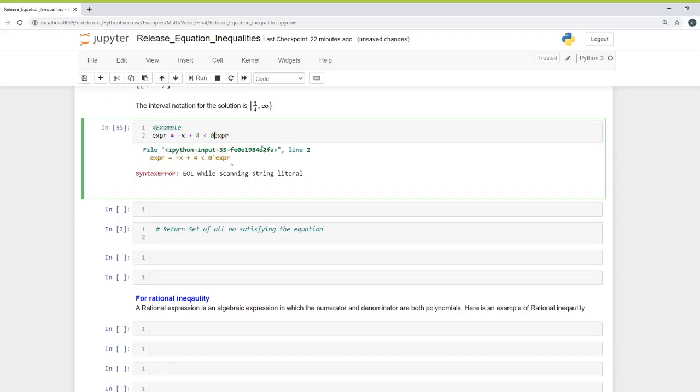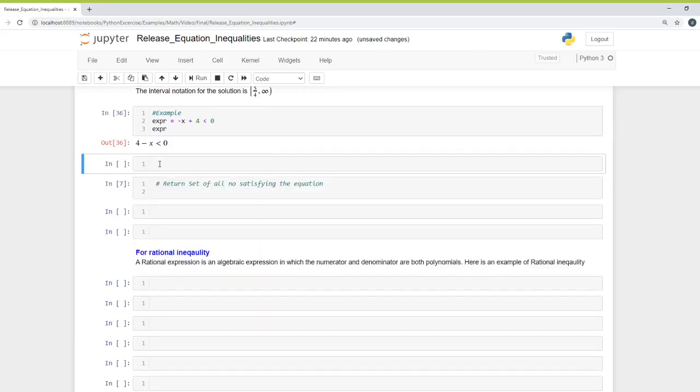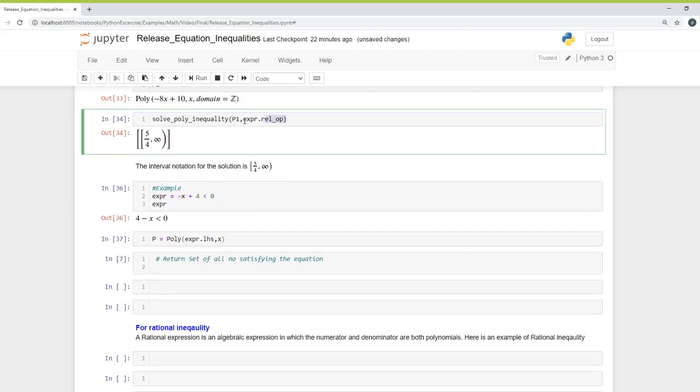So the expression is 4 - x less than 0. So convert it to a polynomial. Poly P is equal to poly of EXPR.LHS, there is no right hand side, comma x, and call the polynomial inequality function for less than 0.